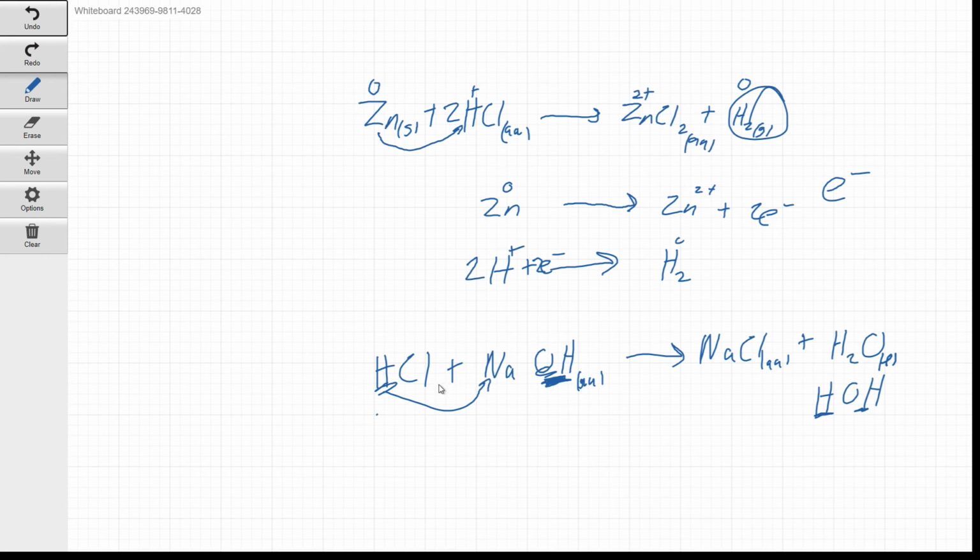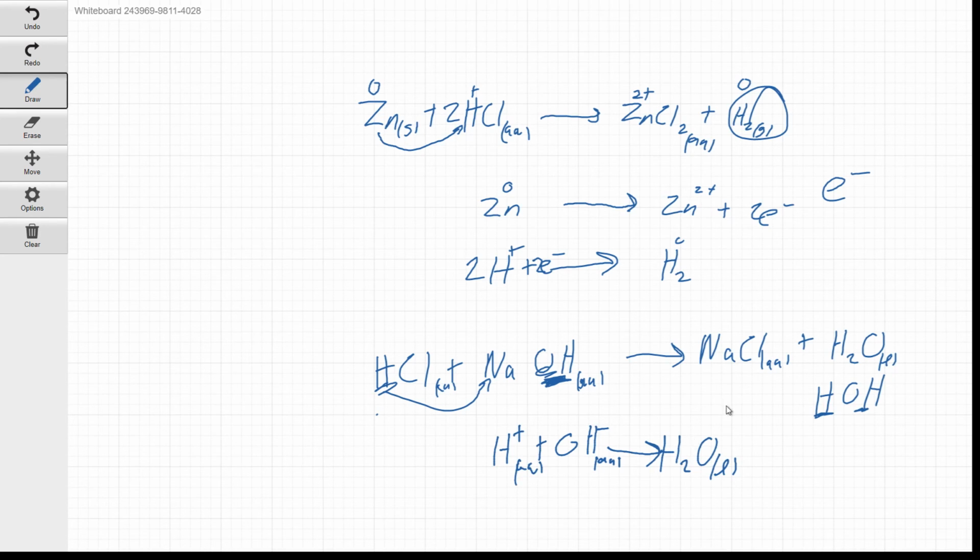We said that was aqueous, this is aqueous, and this is aqueous. So what actually formed here? Well, what formed was the water, H2O. And what went into making them? Well, the H plus from the acid plus the OH minus from the base in this case. And obviously these guys are going to be aqueous.